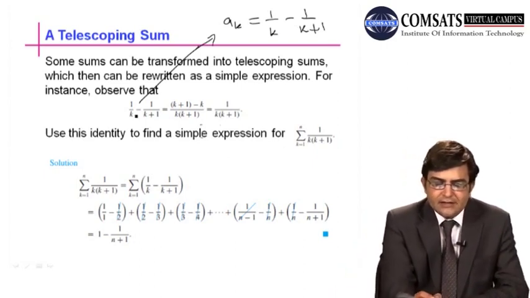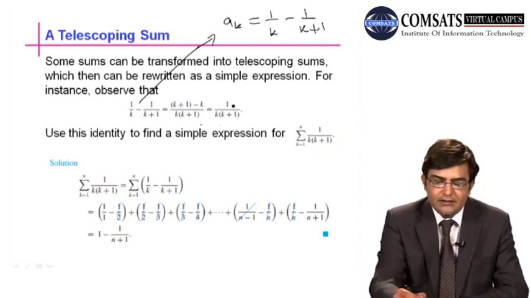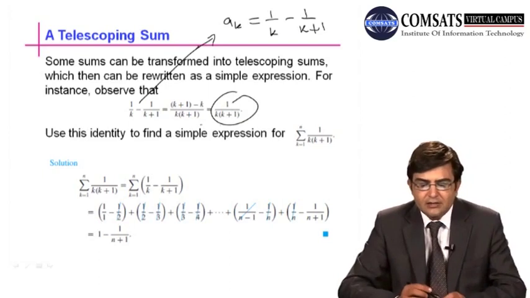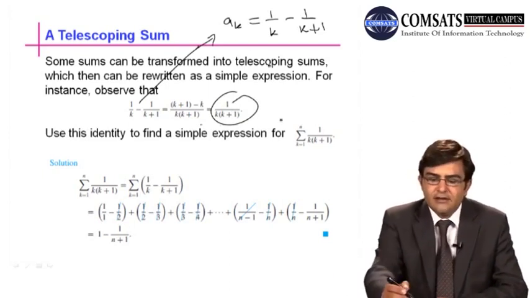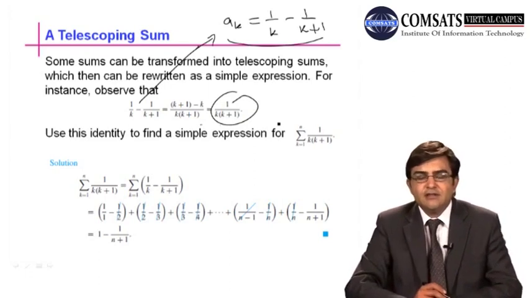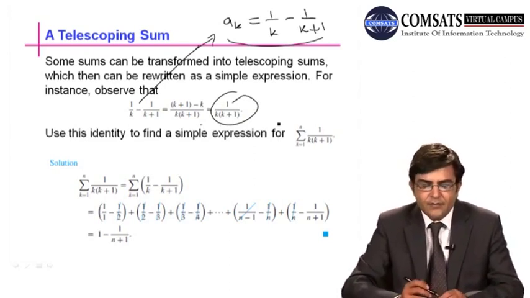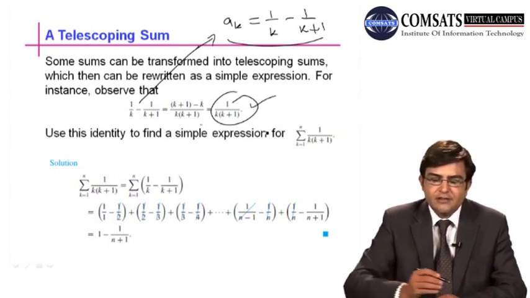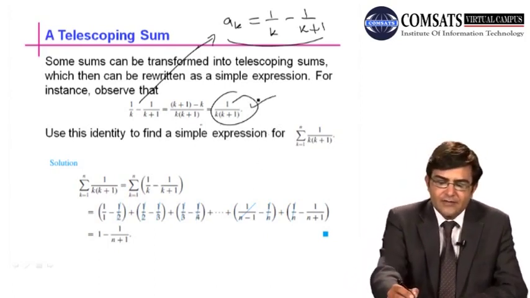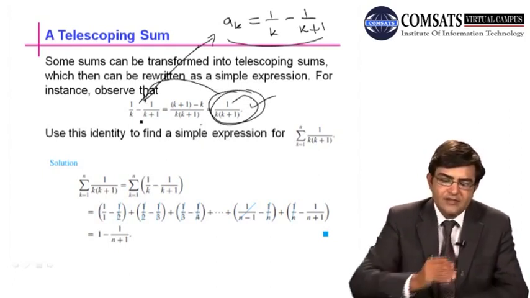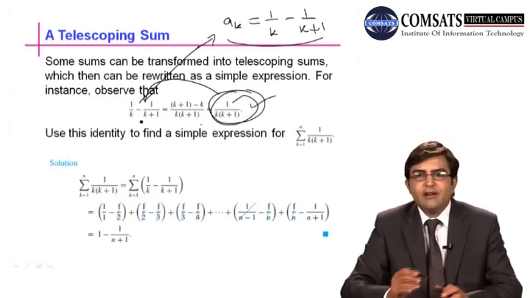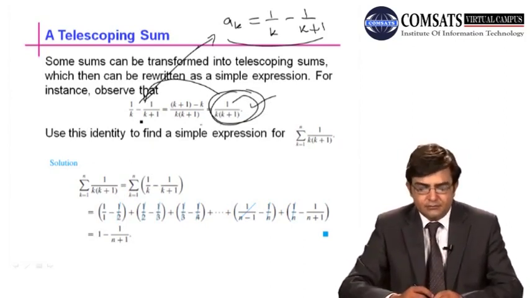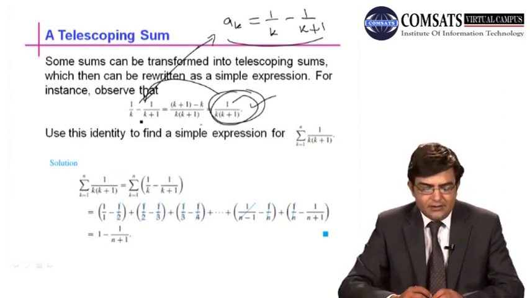If we take the LCM here, k into k plus 1, then we get k plus 1 minus k, and we obtain 1 over k into k plus 1. So if we are given such nth terms of a sequence or a summation notation, we can simplify them to this expression. And if we are given such expressions, we can transform them into this form to simplify the summation which is given to us.